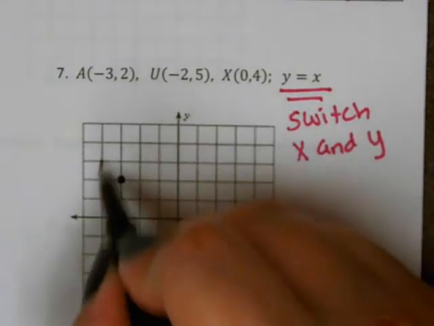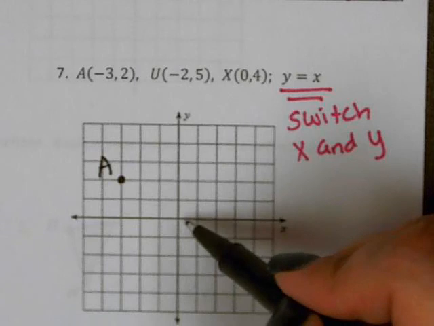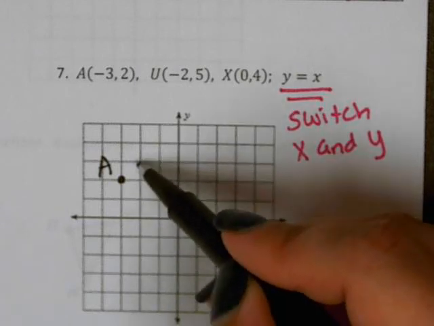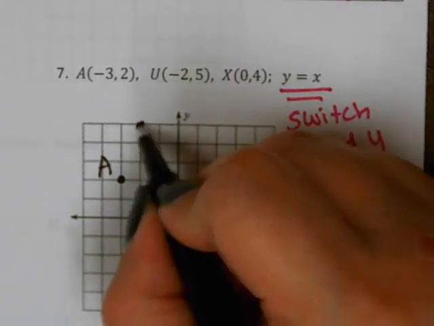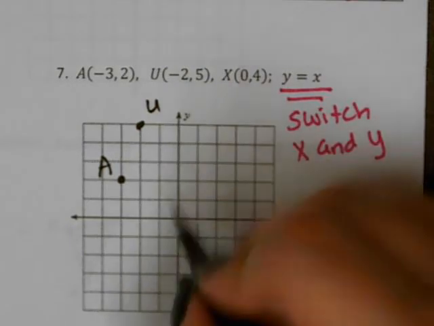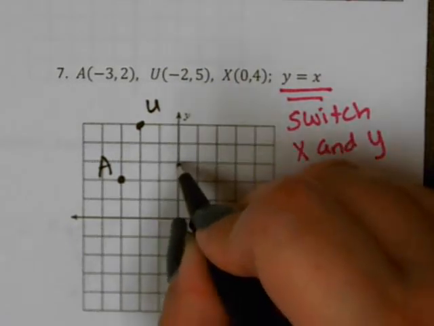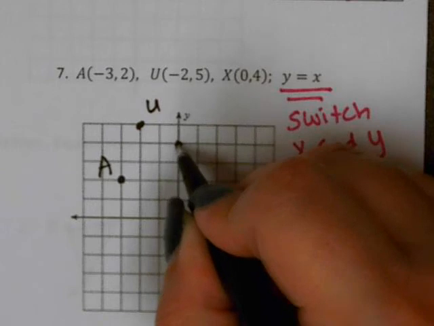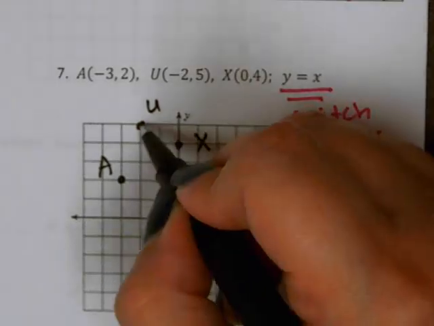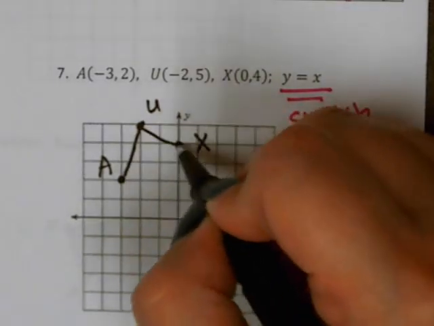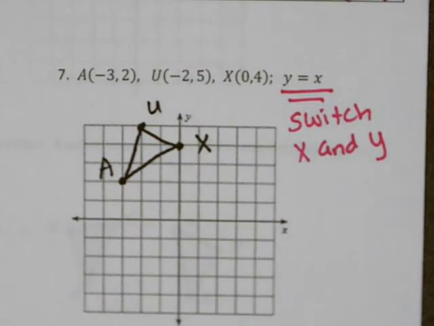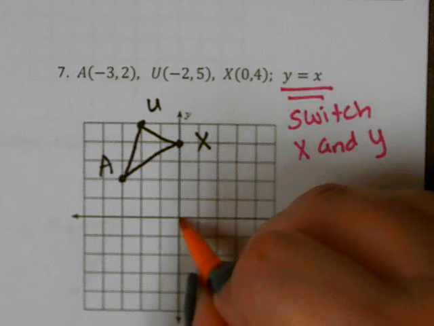That's the point A. Negative 2, 5 is right here, so that's U. And then 0, 4, 1, 2, 3, 4 is right here, so that's point X. There's our original figure. We're reflecting across the line y equals x.